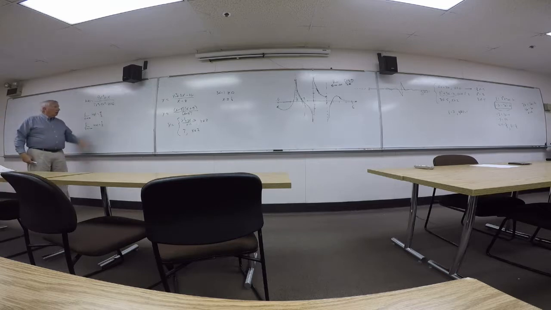Because when x is large, these other terms are nothing. If x is 1,000, 1,000 to the fourth is a trillion. A trillion plus 1,000 is close to a trillion, times 9 is close to 9 trillion. 2 trillion plus 5 million.